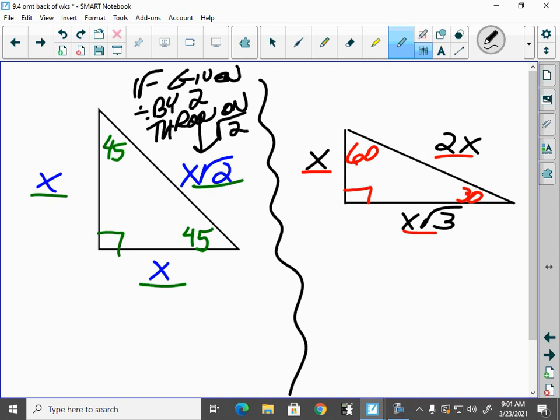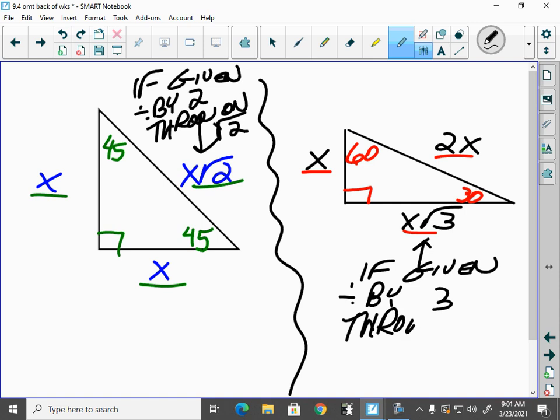I don't have room to write that. And then for this one here, did you have if given, divide by 3, throw on square root of 3? There you go. That's all the tricks I'm using.